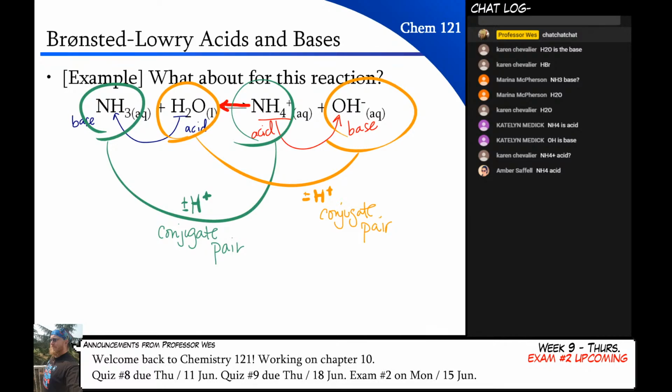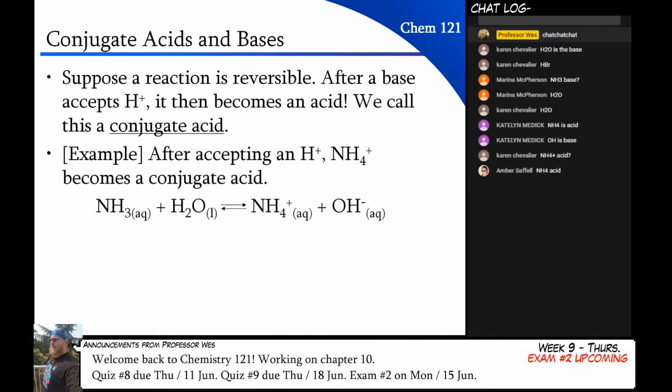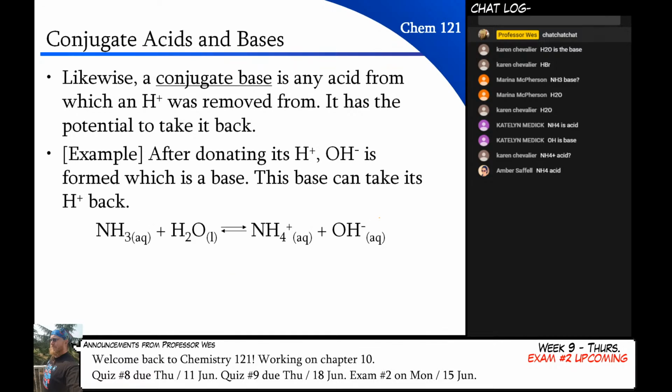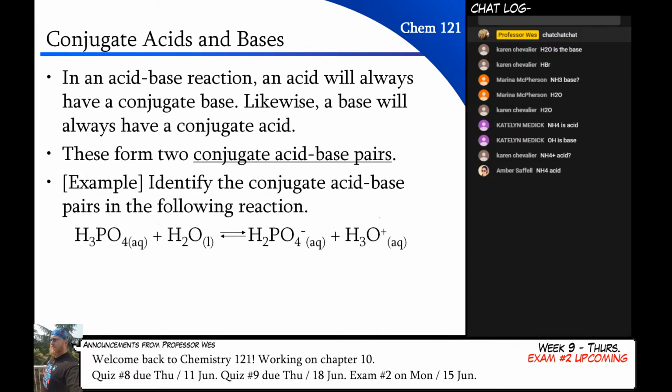So our task is going to be, first, identify all the acids and bases. And then we have to link all the conjugate pairs together. So let's do that. That's the same reaction we just did. There we go. There's a new one. All right.